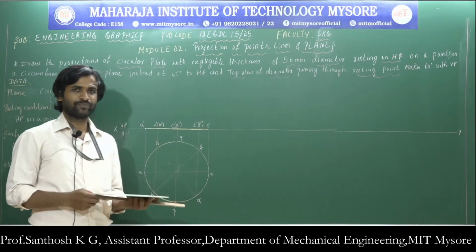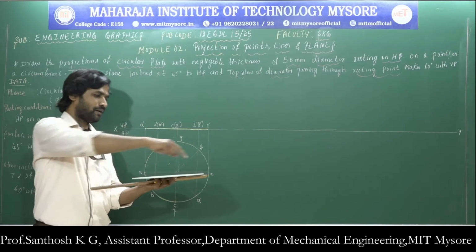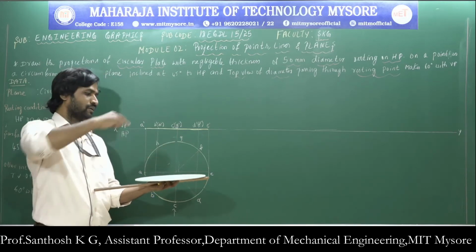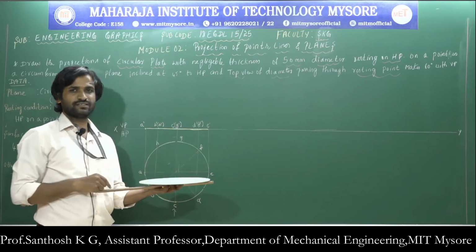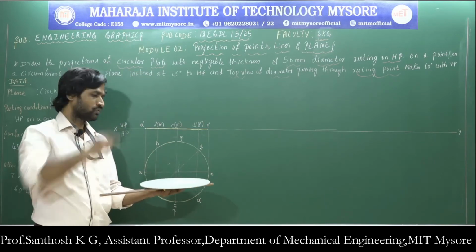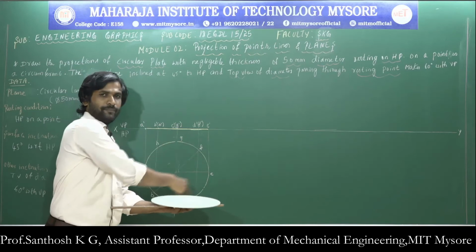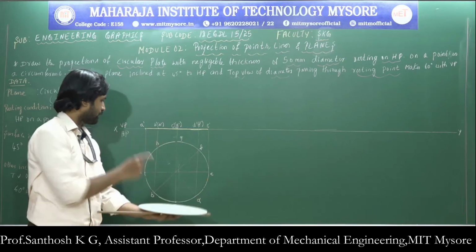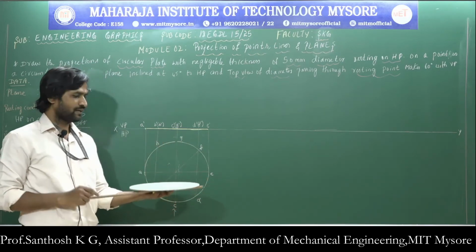resting on HP. When the lamina is kept on the horizontal plane, the original shape of the lamina can be seen by seeing from the top. So the top view is visible in the horizontal plane which is below the XY line.